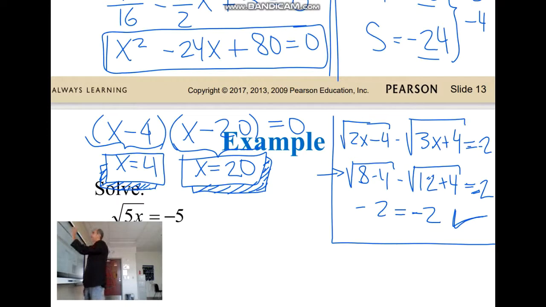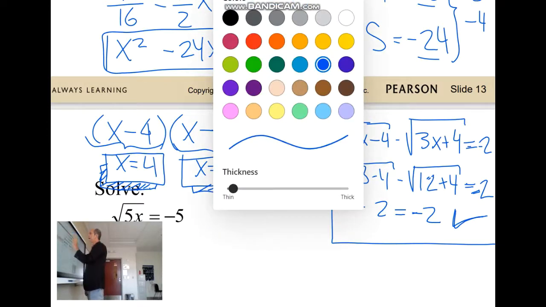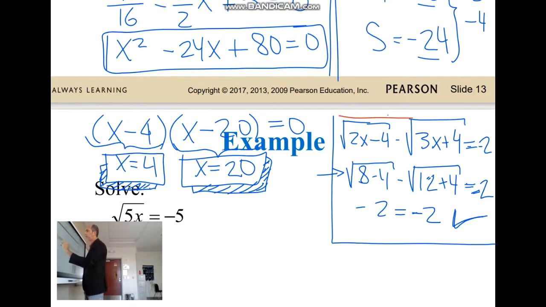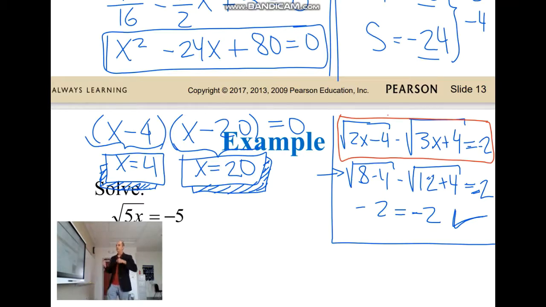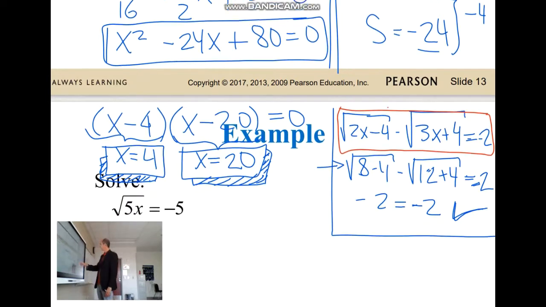Don't forget, this is really important, especially in our situation here: plug in and check the possible solutions in the original equation, because when we square both sides, we are creating a new equation, and this equation can have solutions that are not applicable to the original one.